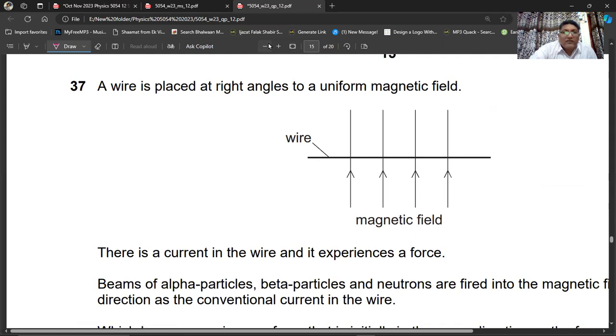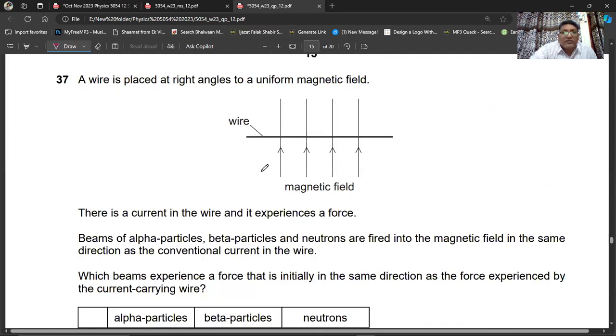Here we have question number 37, a big question. A wire is placed at right angle to a uniform magnetic field. There is a current in the wire and it experiences a force. A beam of alpha particles, beta particles, and neutrons are fired into the magnetic field in the same direction as the conventional current in the wire.